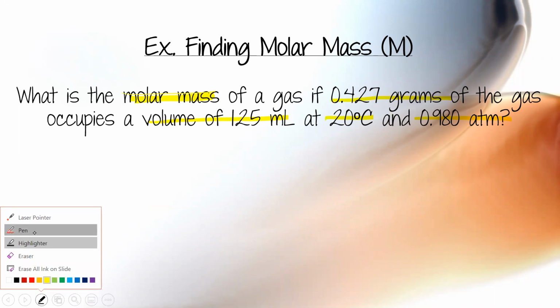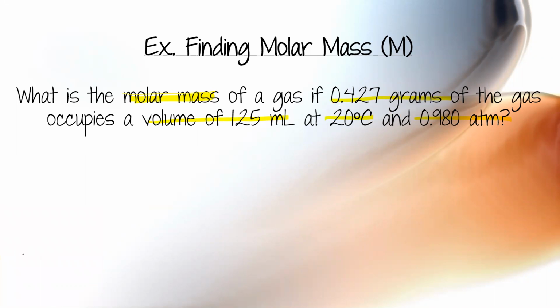Okay, so we are using the rearranged version of the ideal gas law. So we're using M equals mRT over PV.